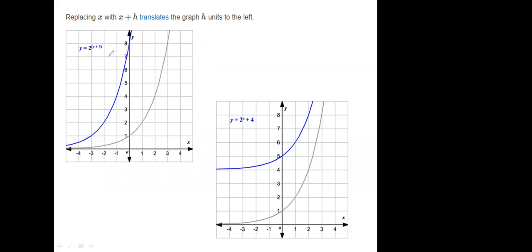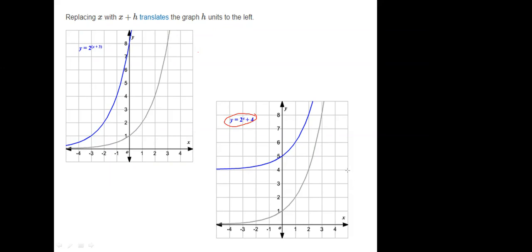Okay, this is the easiest way to plot functions, because you will have just the basic 2 to the x. And then in order to plot it, you just need to play with these numbers to know if you need to move left or right, or if you need to move up and down, like in this one, when there is a number afterwards, it's plus 4. In this case we have the horizontal asymptote moved by 4.